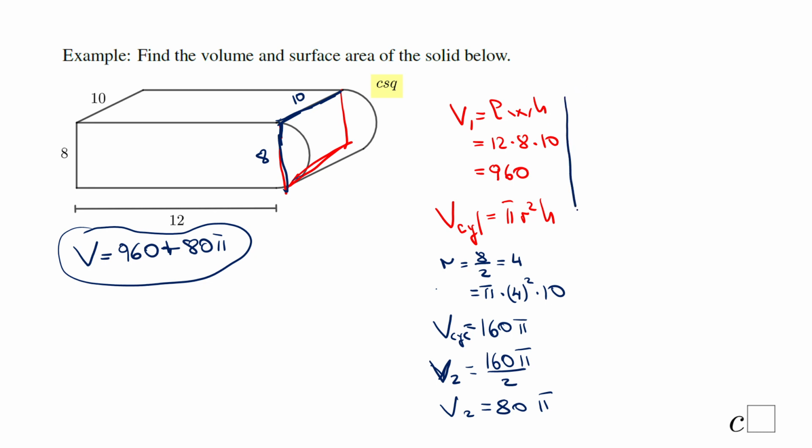Let's take a look at the surface area, like I said. Surface area, what do we have here? And again, you may want to do exactly what I did in the previous problem, right? We have the two faces, front and back, which look like this.